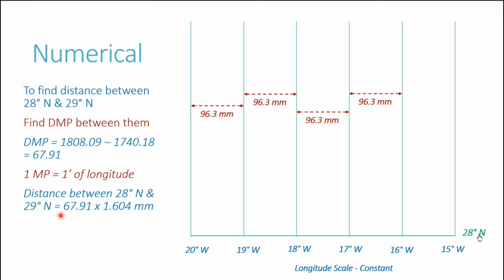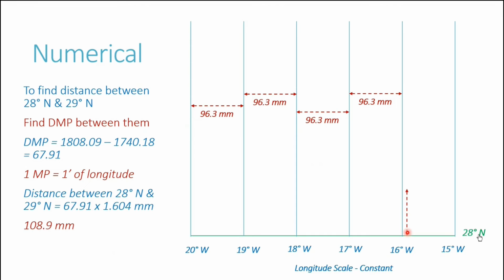So we multiply both of them to find out the distance, and the distance comes out to be 108.9 millimeters, or in other words 10.89 centimeters. So this is the distance which you need to keep between the 28 degree north parallel and the 29 degree north parallel, 108.9 mm.